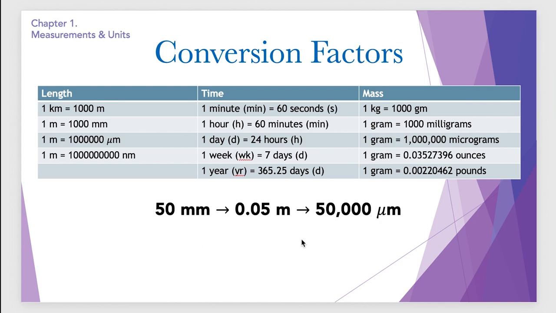So for conversion, we have to remember the base units as well. We have to remember the base unit of time in order to convert a unit into a different unit. If I'm converting minutes into hours, I should know the base unit, because I would first have to convert minutes into the base unit and then convert the base unit into hours.